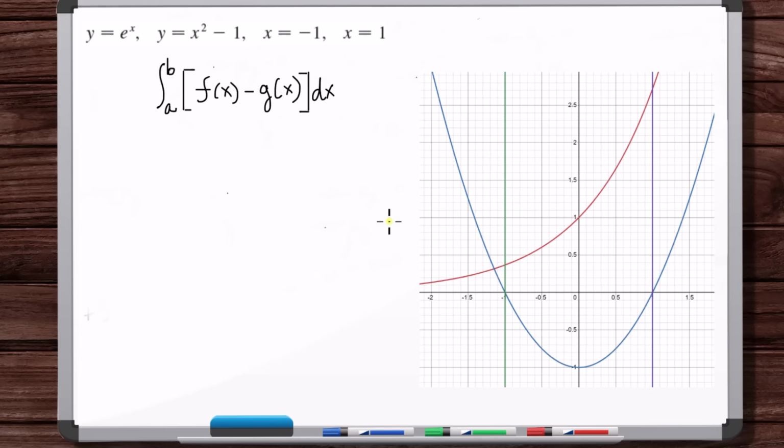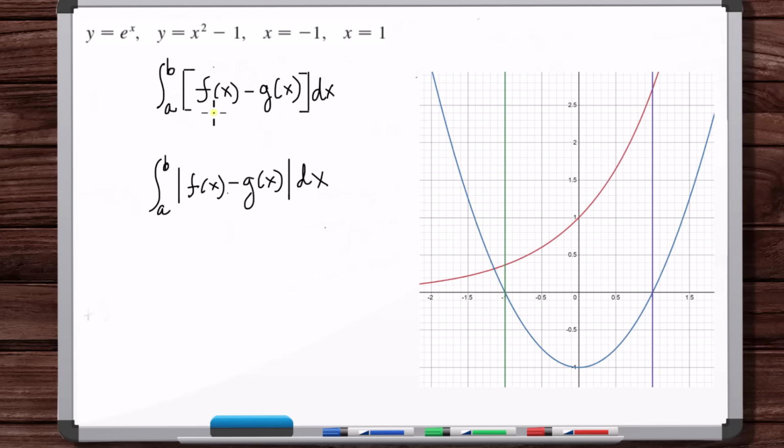But more generally, if we want to look at this in complete generality, the formula that was given was the integral from a to b of the absolute value of f of x minus g of x. Included within this is the previous case, because if f of x is greater than or equal to g of x for the entire interval, then you just remove the absolute value and you get this integral here.